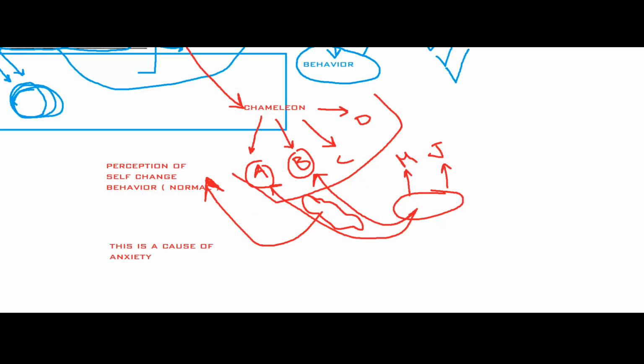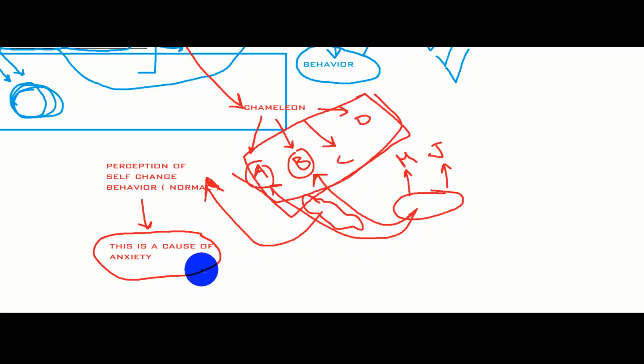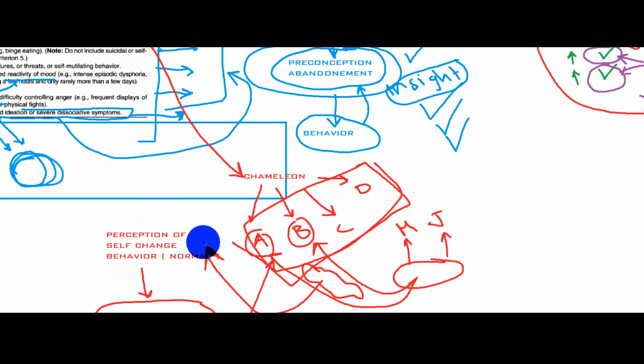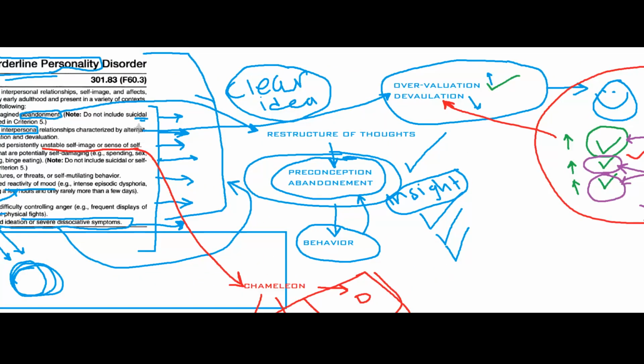It's not like a thing of, hey, I do this because that person is different. No. This causes a great sense of instability for the borderline person, because the borderline person now thinks that he does not have a constant core of personality that is present. So the fear that comes out of this is high. And that's why you say unstable self-image.